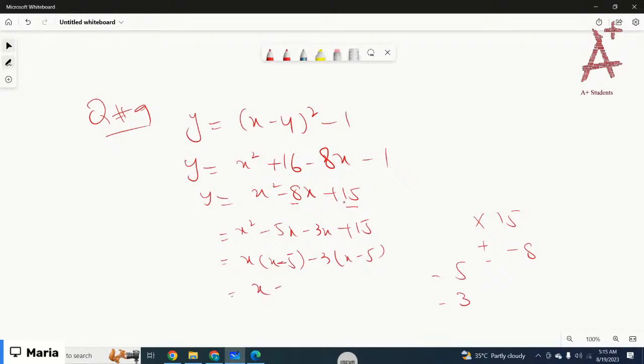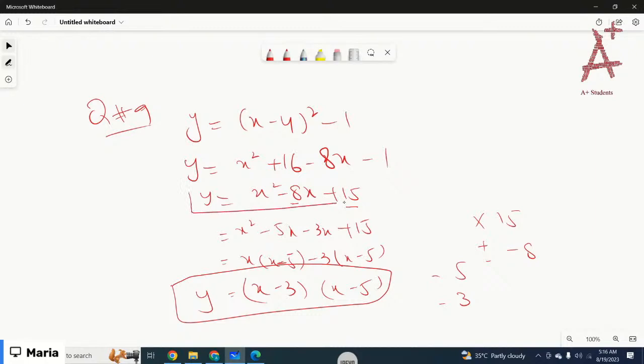So it would be x minus 3 and x minus 5. So here is the equation in factored form, y equals x minus 3 times x minus 5, and y equals x square minus 8x plus 15 is the standard form, right?